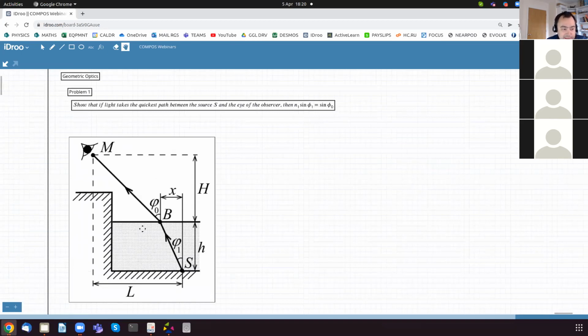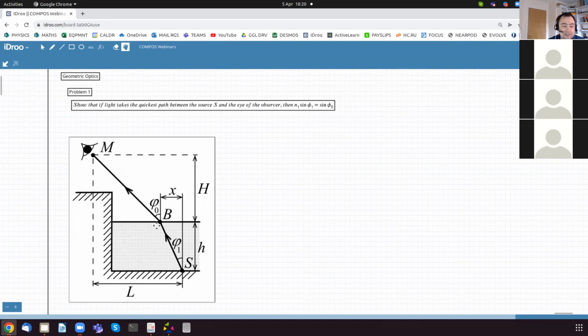So this is water, this is air, and this is the eye of the observer. And light travels from S to M through point B. We need to prove that if light takes the shortest path, then it will follow Snell's law of refraction.